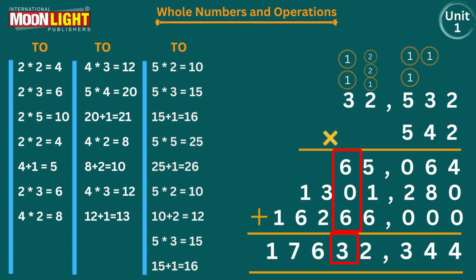So 3 will be here and 1 will go over there on the top of the number 3. 3 plus 1 is 4. 4 plus 2 is 6. So 6 I will write here. Now I am going to add 1 plus 6 is 7. You know that. This is very simple and easy addition. Now this one will come down as it is.